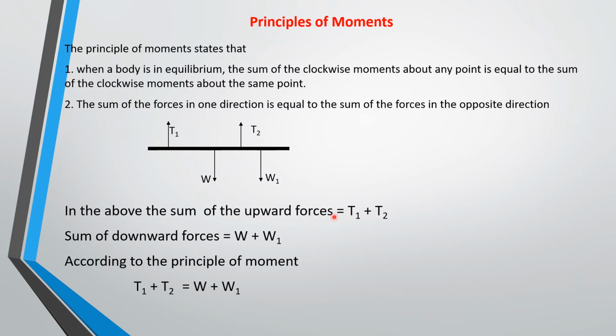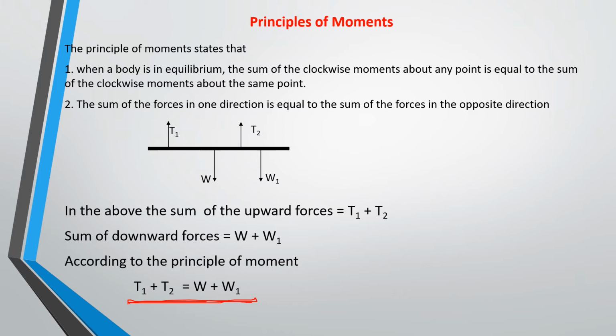So the upward forces is T1 plus T2, and the downward force is W plus W1, and according to the principle, this is equal to this. Okay, so these are the principles of moment that you really need to take note of. All right, so these are the principles of moment.